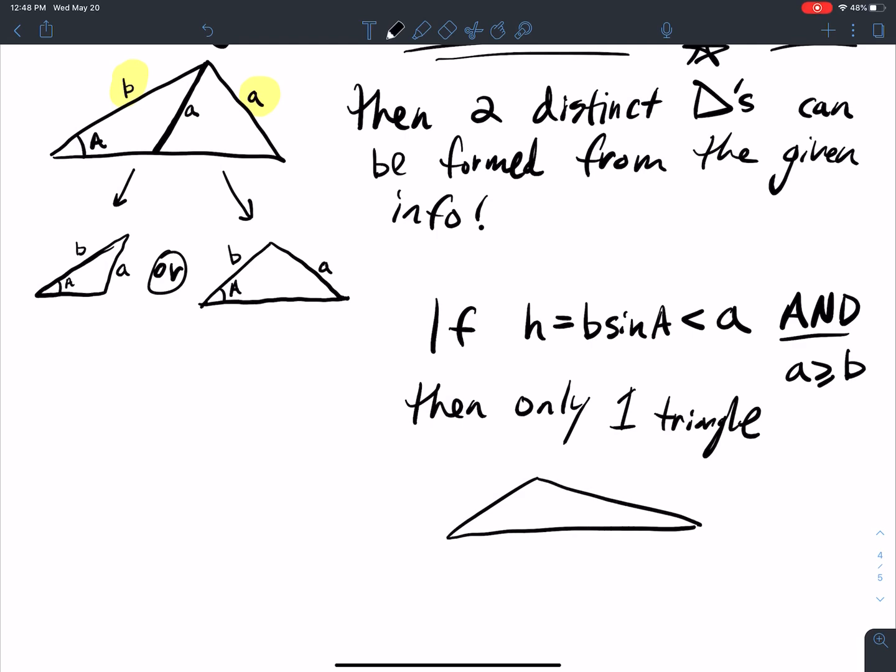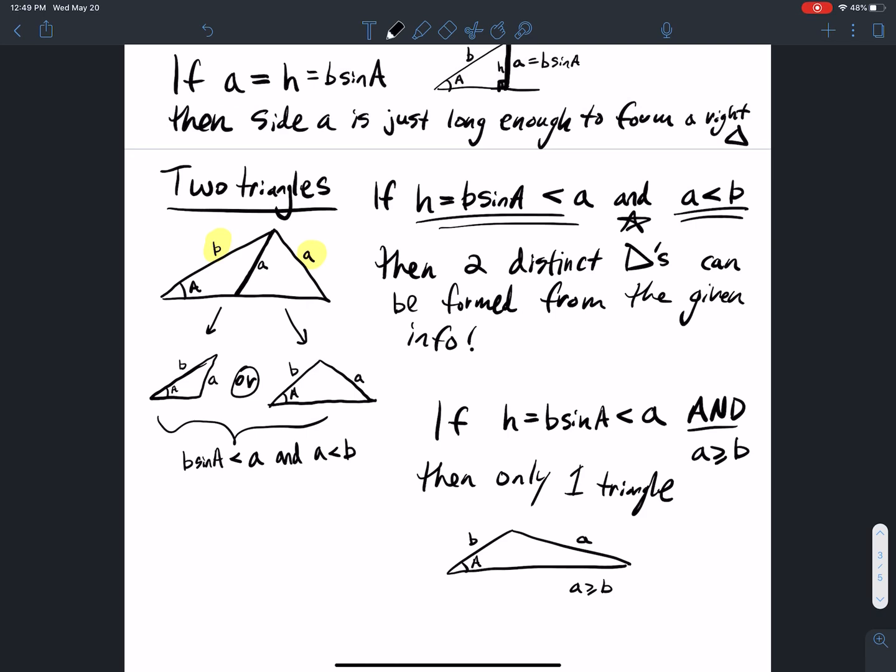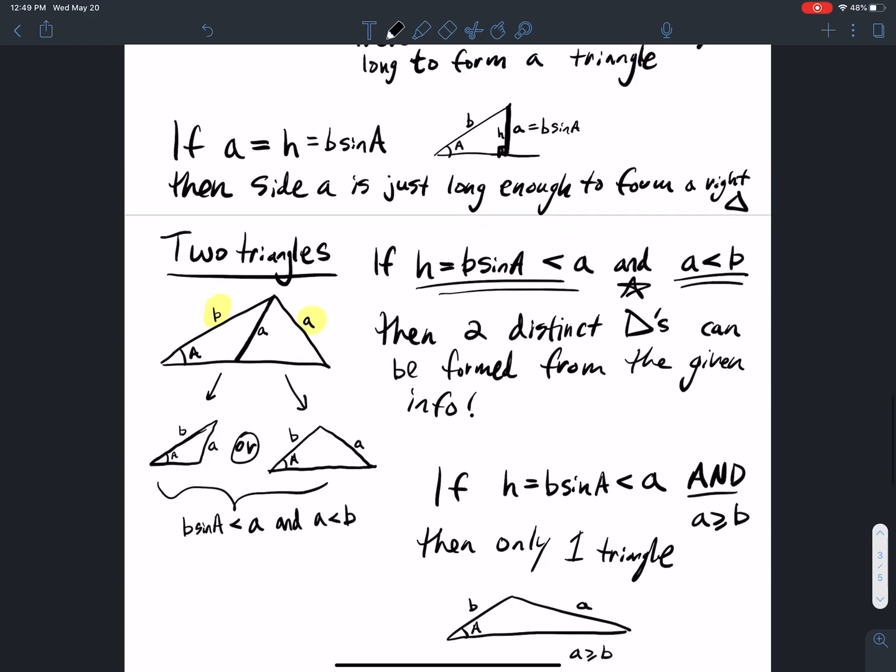So your little a is bigger than or equal to that b there. That would be the case where a is greater than or equal to b. There's only one triangle that can happen here. Okay, this scenario, we've got b sine of capital A less than little a, and little a is less than b. Okay, so those are my three different scenarios with the SSA, the ambiguous case.